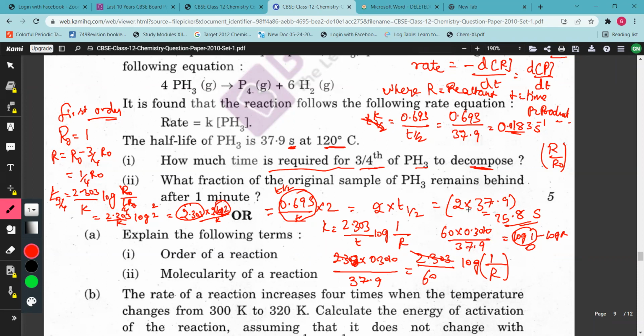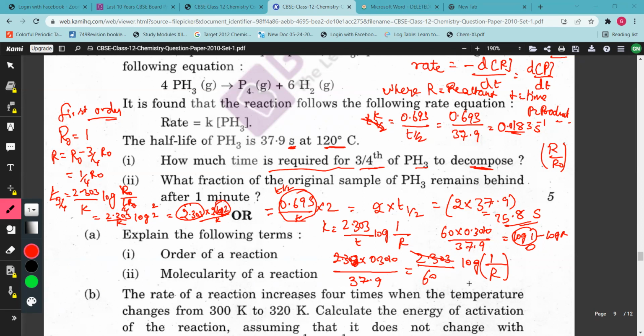What is the result of this calculation? Tell me. 60 into 0.301 divided by 37.9. 0.4765 is coming.